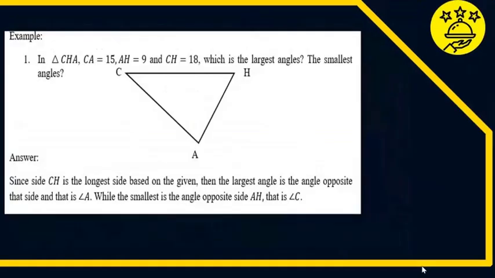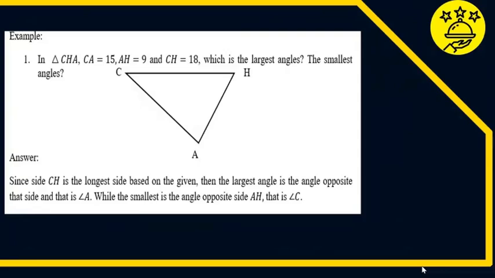So let us have an example. In triangle CHA, CA is 15, AH is 9, and CH is equal to 18. Which is the largest angle and which is the smallest angle?